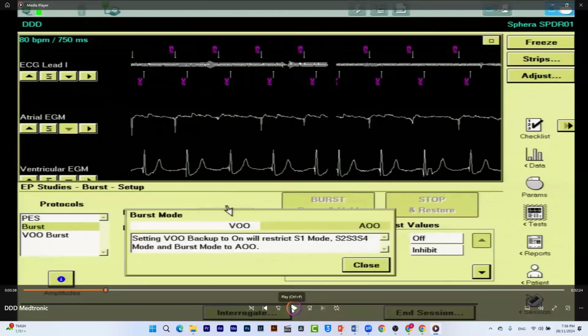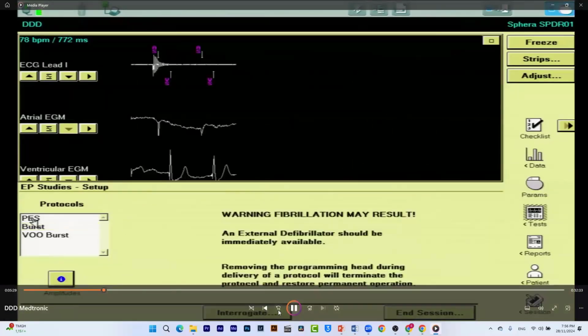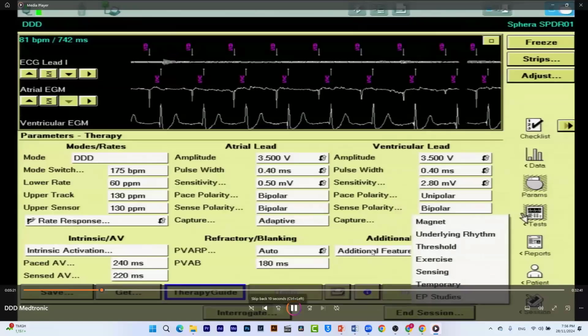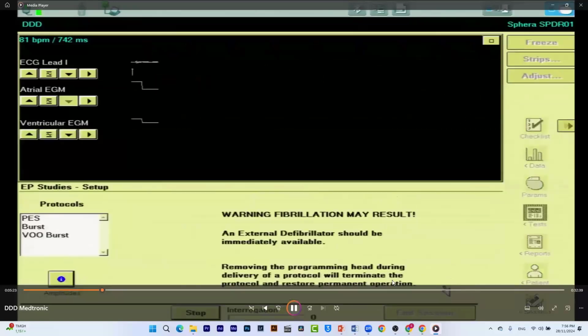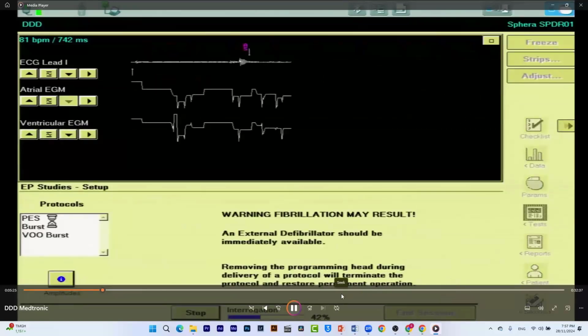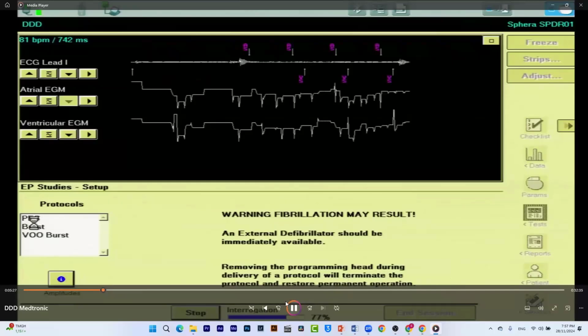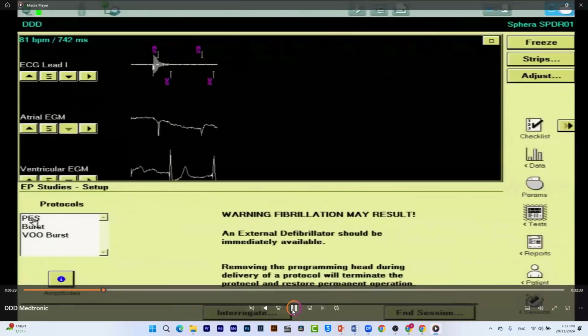I am doing an EP study by pacemaker, to check the patient's conduction. But you should be an expert to do this, and I know the patient, so I go for the EP study from here.